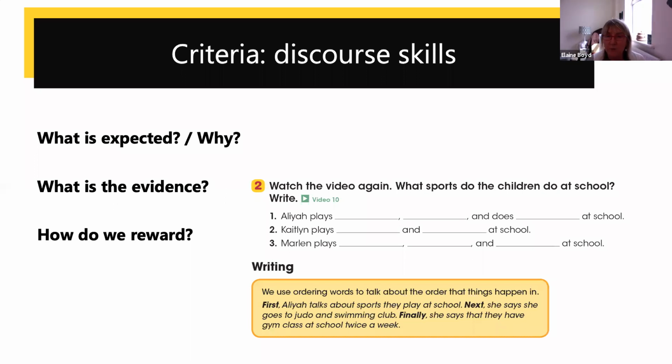When we think about how we organize our writing, what are we expecting? And of course, some of it's not just about the linking words. Some of it is about what happened when, what do we need to know that happened first, that ordering of information. So you might decide that what you're expecting is not necessarily the link words, but the ordering of information, or it might be the connecting words.